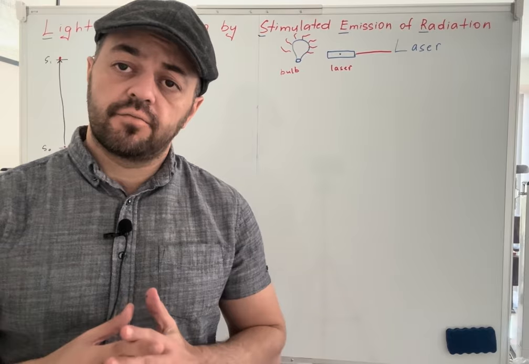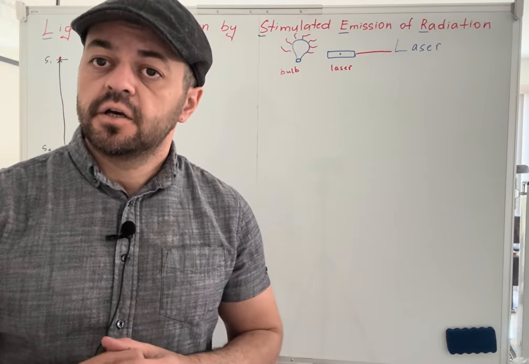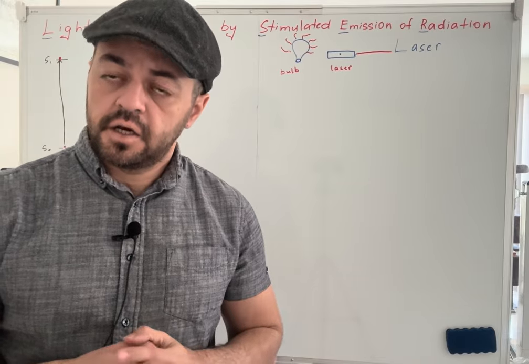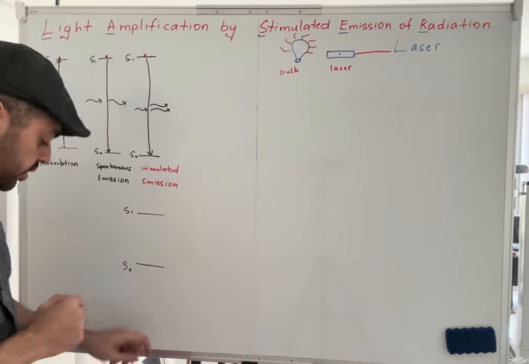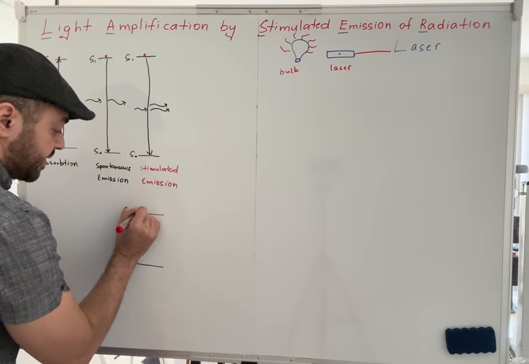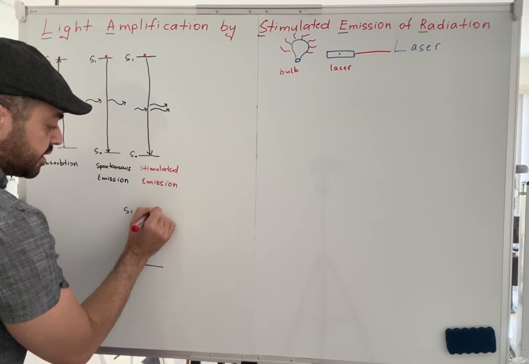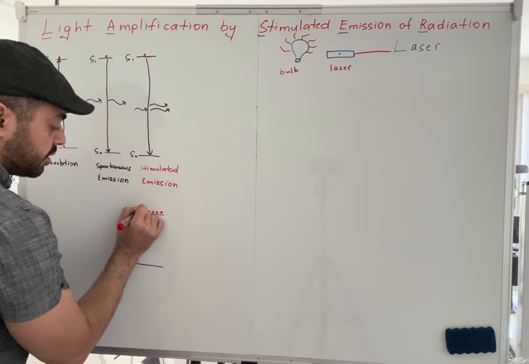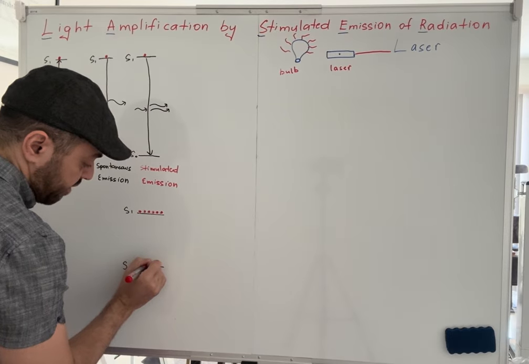There is a requirement to perform the stimulated emission, and that requirement is called population inversion. According to population inversion, more molecules or atoms should be on the excited state. So we have here a ground state and an excited state.